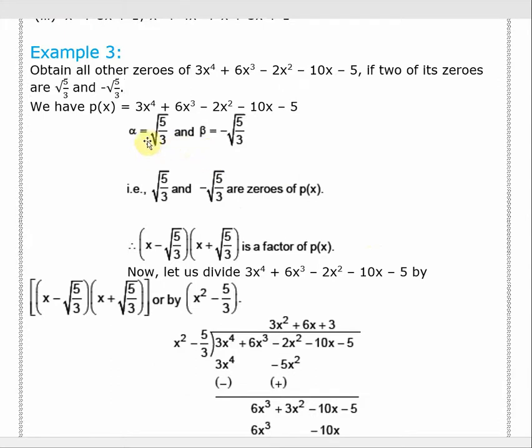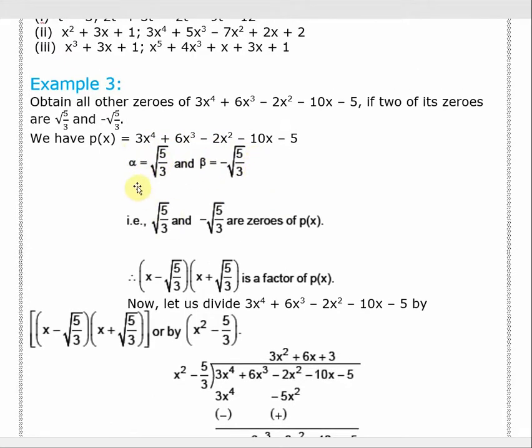Now since they are the zeros of the polynomial, then definitely x minus alpha and x minus beta will be a factor of 3x to the power 4 plus 6x cube minus 2x square minus 10x minus 5. I'll say once again, since alpha and beta are the roots of this polynomial px, x minus alpha and x minus beta must be a factor of px.